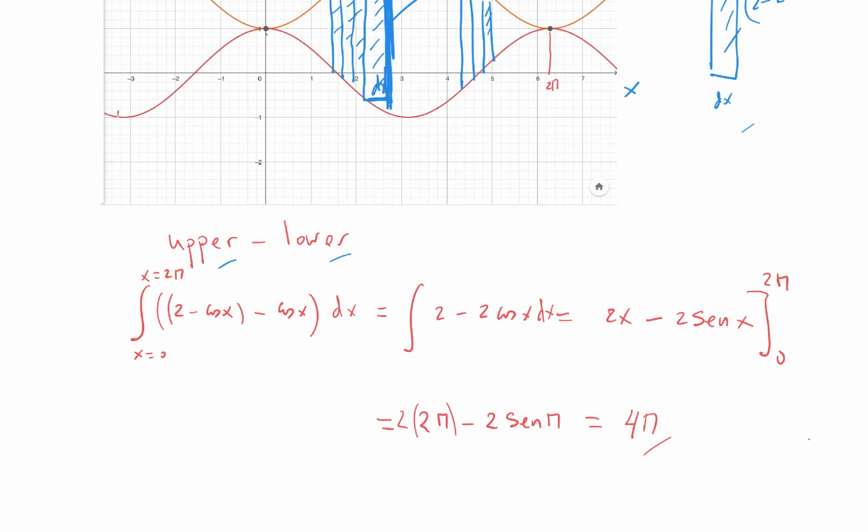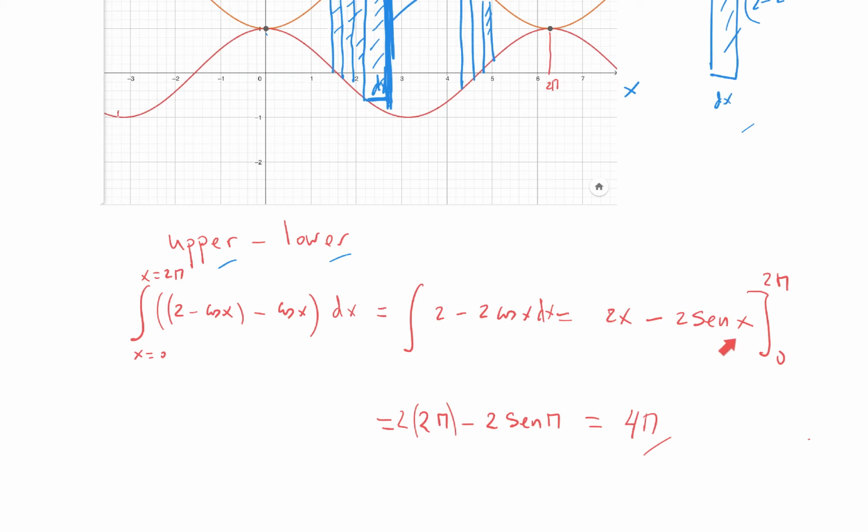So the setup of the problem is to make the integral from 0 to 2 pi of the top function minus the bottom function, 2 minus cosine of x minus cosine of x. And the integral is 2 minus 2 times cosine of x, between 0 and 2 pi. It is 2x minus 2 times sine of x, since the integral of cosine of x is sine of x.